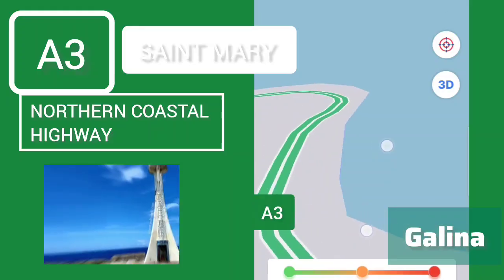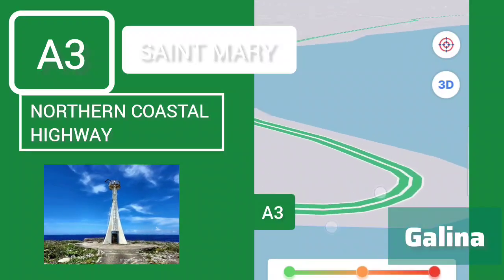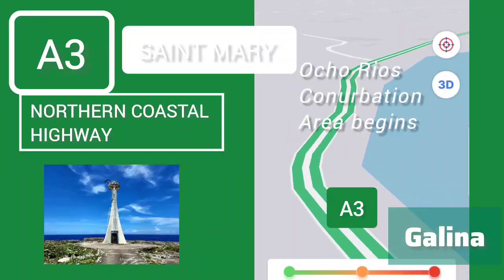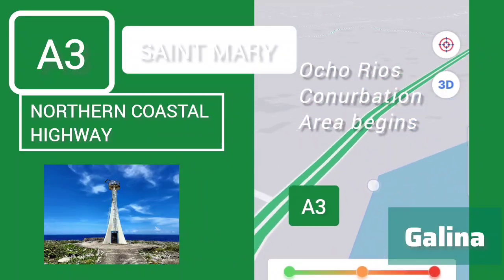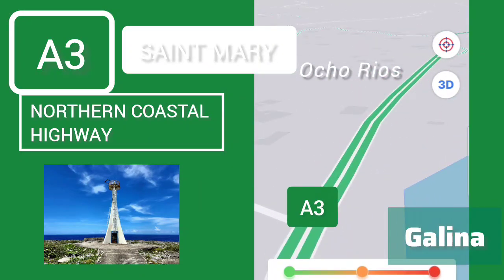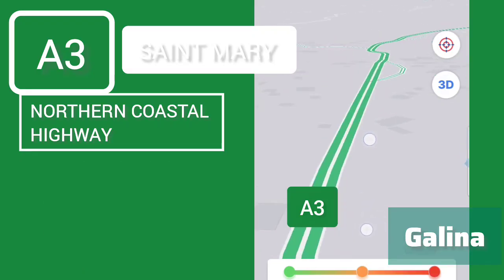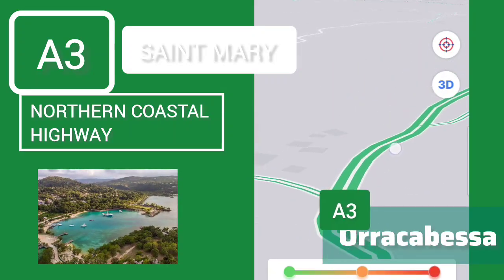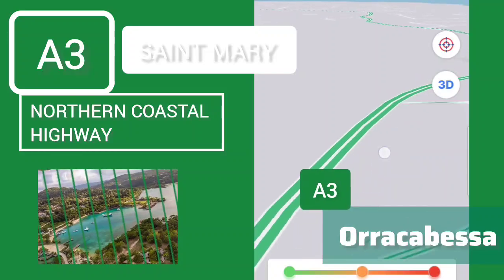So, okay, we're now leaving Port Maria and we're now in Galena, heading into Metro Ocho Rios. And Metro Ocho Rios takes in Oracabessa and probably Galena itself. So now we are heading into Oracabessa.